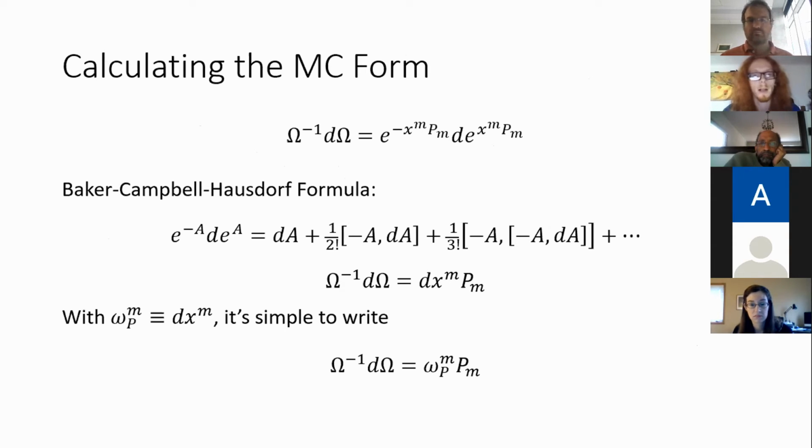These are a little bit complicated, and there are several of them, but in this case, we only need this one. And we find that the middle equation with the omega minus 1 is our Maurer-Cartan form. Furthermore, we want to define this new quantity, this small omega, and that will be our covariant building block when we try to construct an invariant action from which we will then get our dynamics.